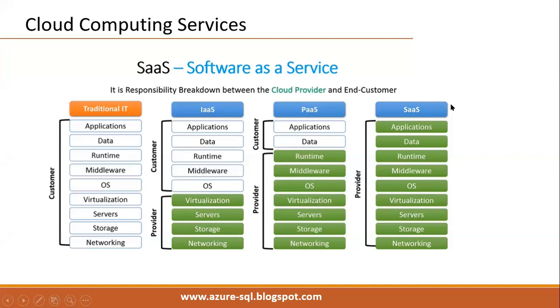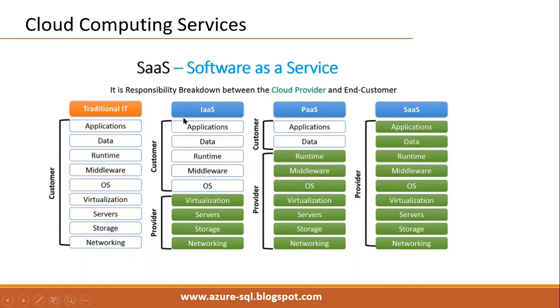Whereas in SaaS, everything is provided by the provider only. SaaS is generally for non-IT companies, for end users. Providing the applications to our end users comes under SaaS. These are the three major services we have discussed as part of SQL in case of Microsoft Azure.